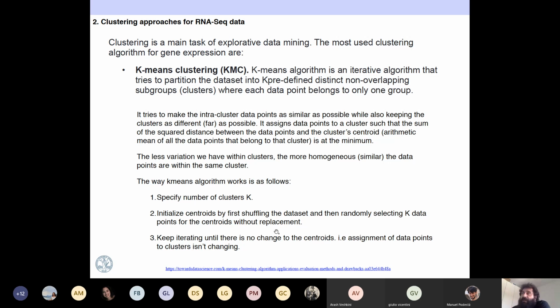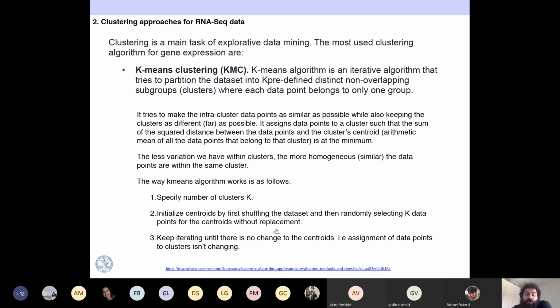Then you have this k-means clustering. This is an iterative algorithm that tries to partition the data sets into a number of groups. With hierarchical clustering, you don't define the number of clusters. You start to classify them, and then you have a tree. At some point, you can take this tree, I will show you that later, and take a number of clusters X. But you don't have a predefined number of clusters.